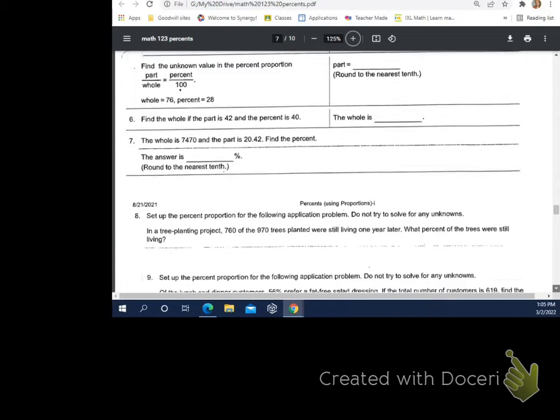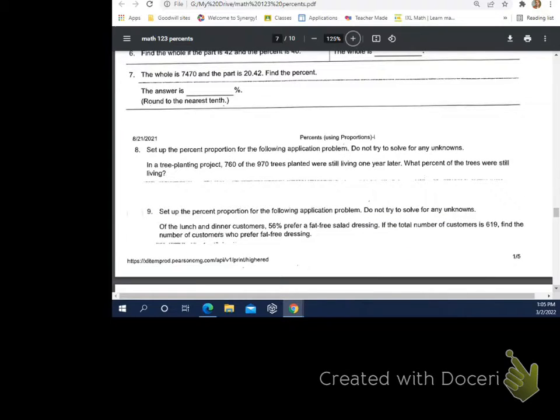However, there are a couple that just say set up the proportion. So if it is a setup only problem, then yes, please set up a proportion and then you do not need to solve. Okay, I cut this apart so that it's not so much extra space and confusion of what we would type into a computer.